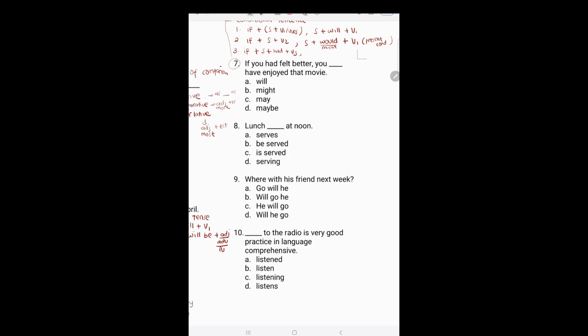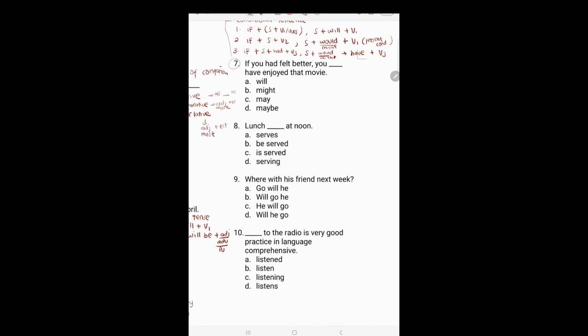And the second sentence is a kind of perfect conditional, with subject plus would, or maybe might, plus have plus verb 3.